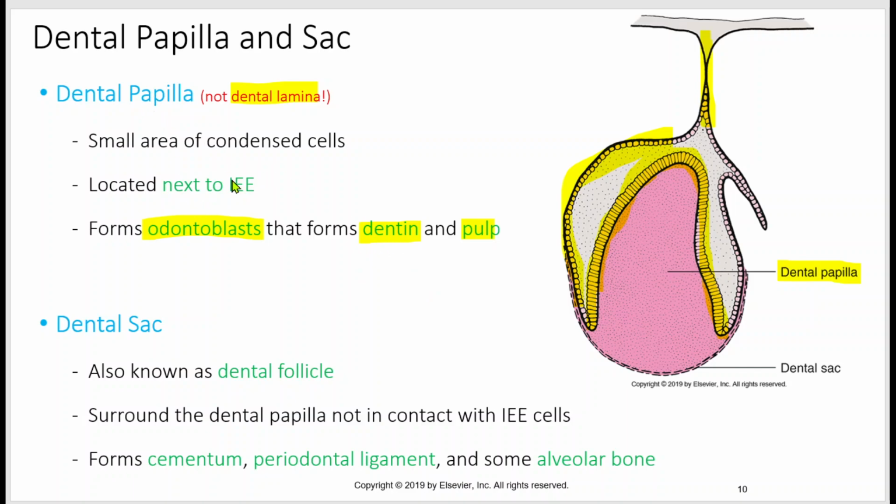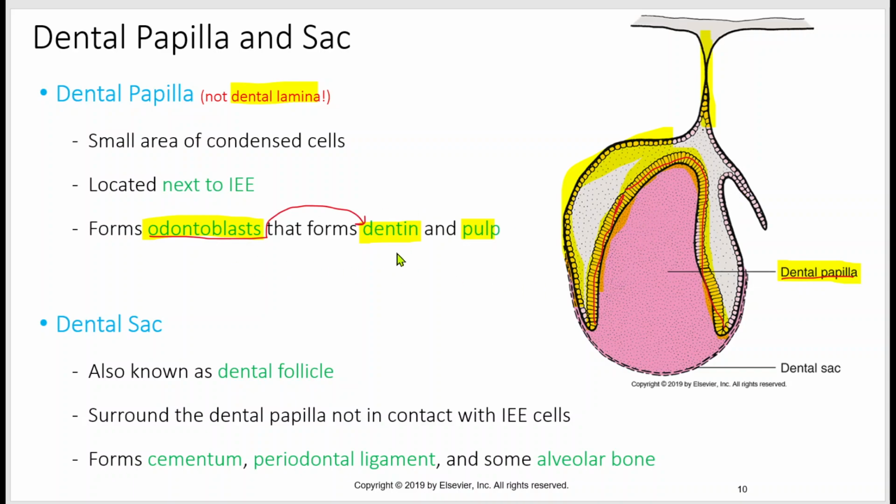Remember, the inner enamel epithelium, which is this layer, made the ameloblasts, which are the cells that will make enamel. The dental papilla is the layer that will make odontoblasts, which are cells that make dentin.